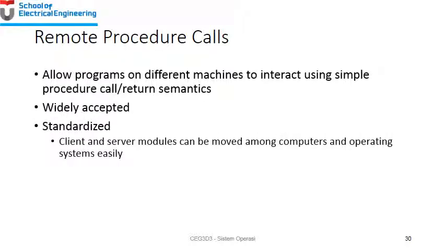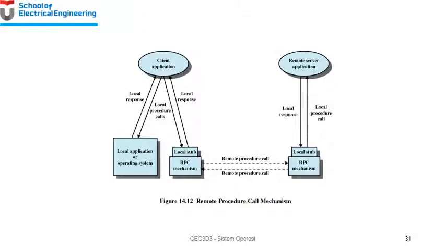Remote procedure calls allow programs on different machines to interact using simple procedure call or return semantics. This is the picture of remote procedure call mechanism.